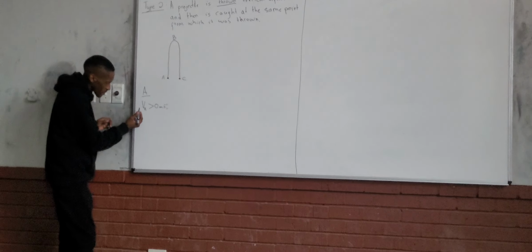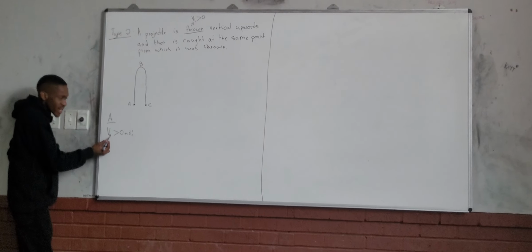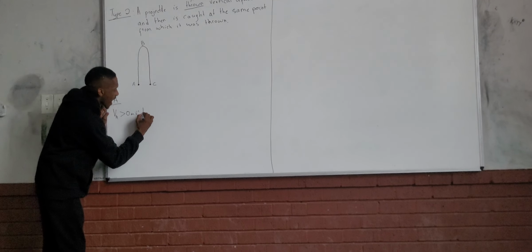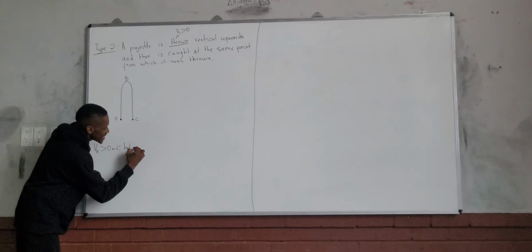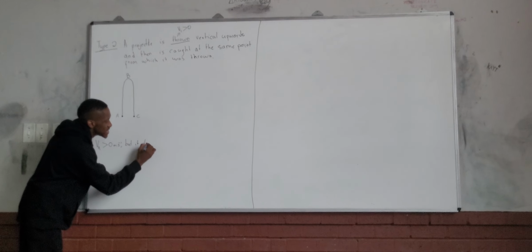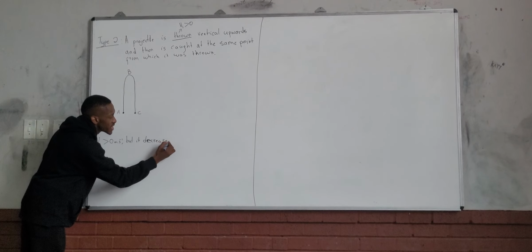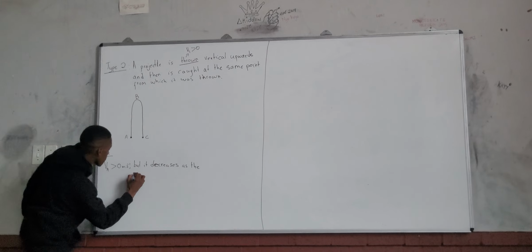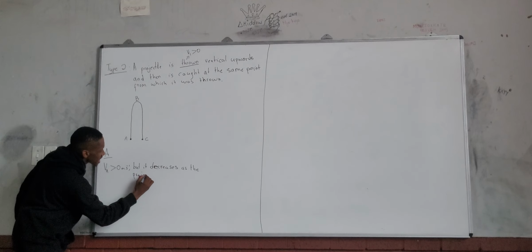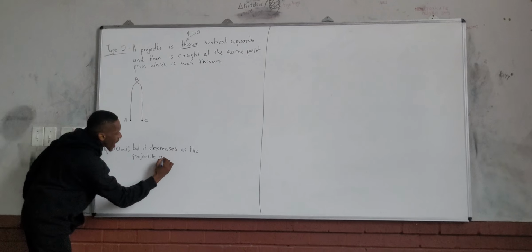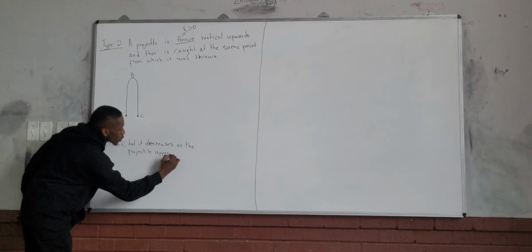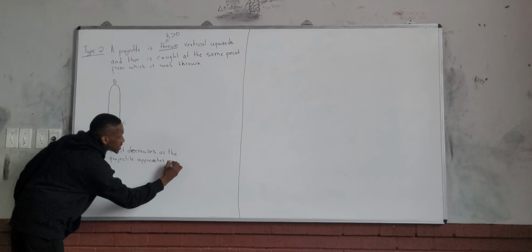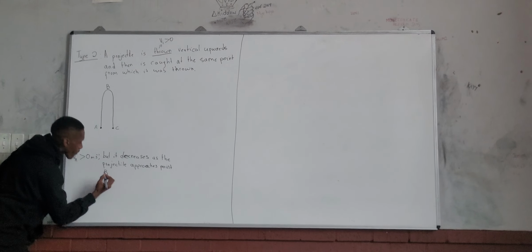Then we'll say velocity at A is greater than 0, but it decreases as the projectile approaches point B.